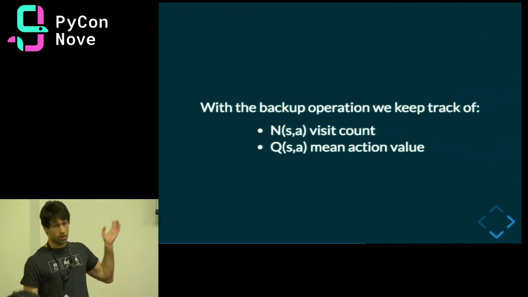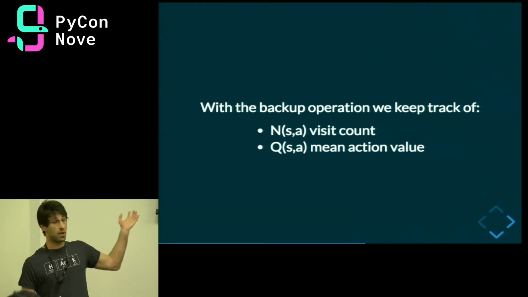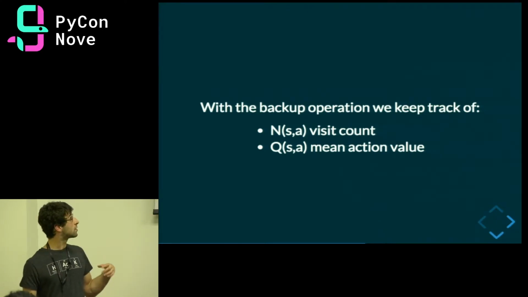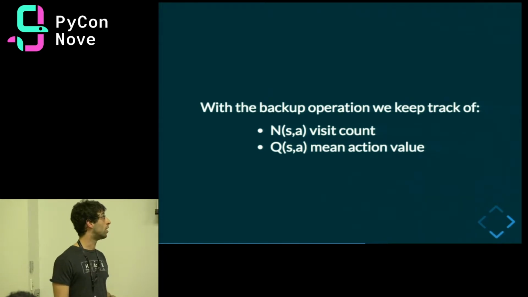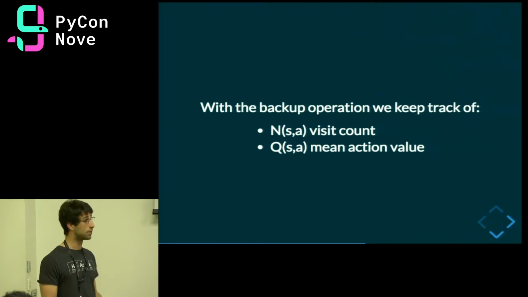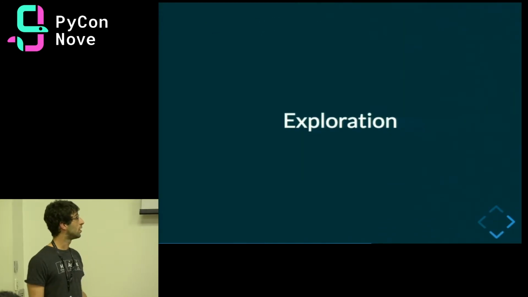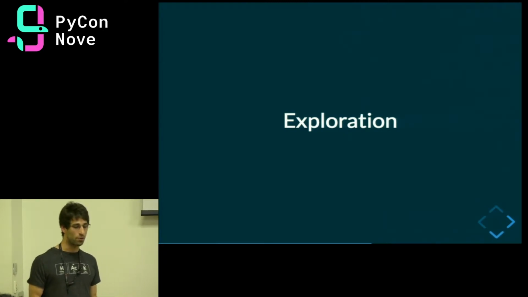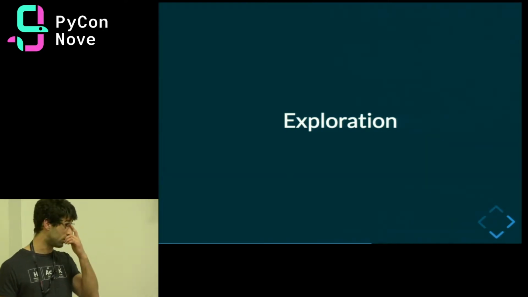And those are the measures that we really care about, which is how many times we have been in that situation, so state and action, and what was the value that we got at the end of our rollout.